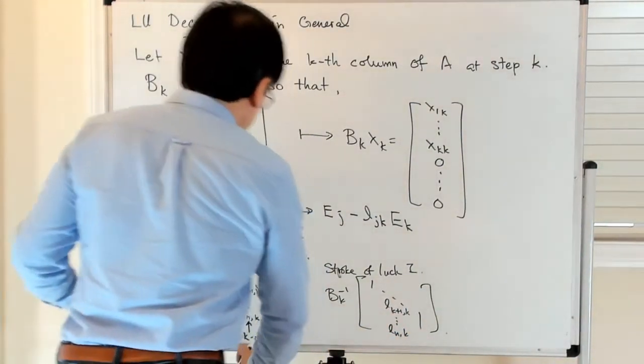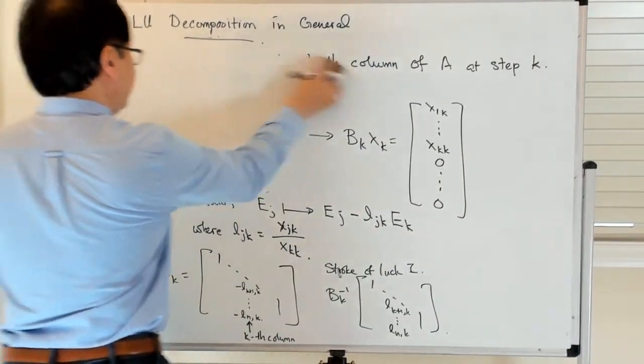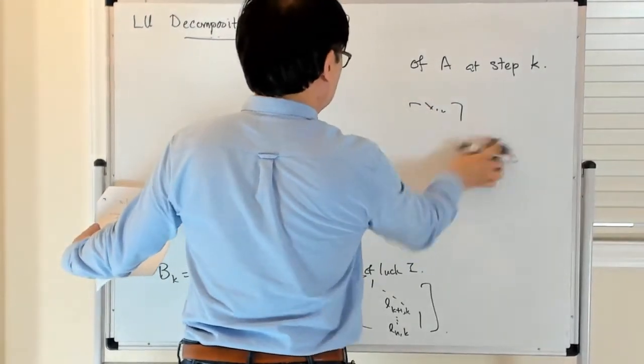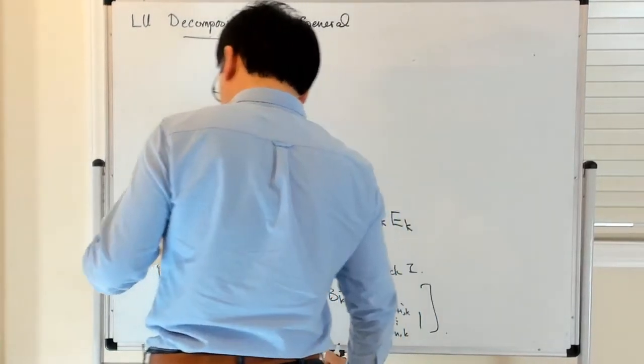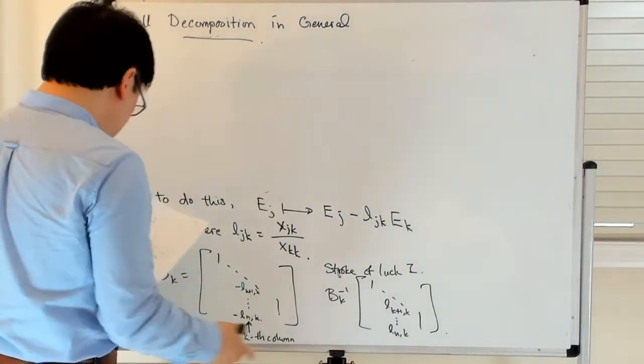And then the other stroke of luck is that when you multiply the inverses of those matrices together, they just all stack together into a nice lower triangular matrix.